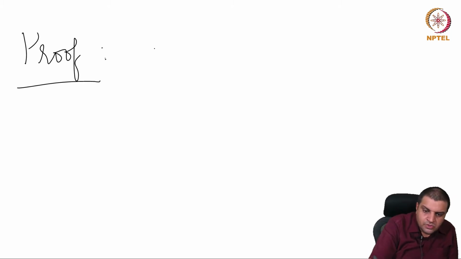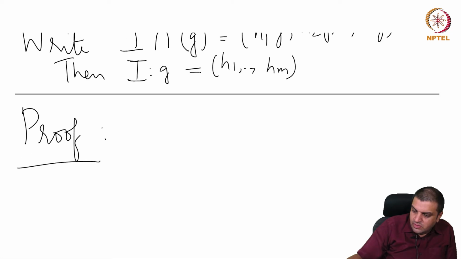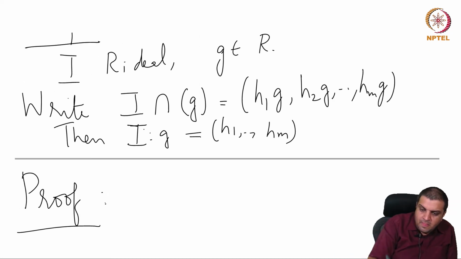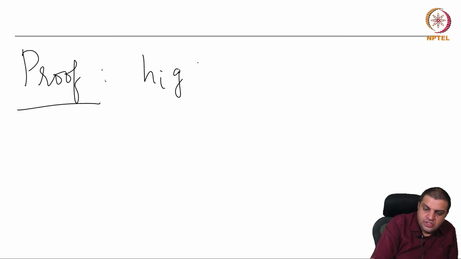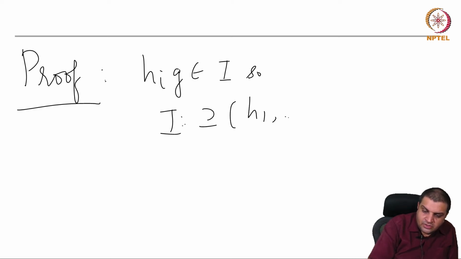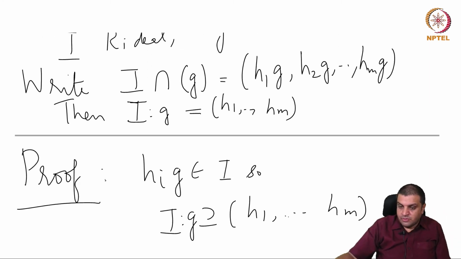Hi G multiplies into I. Therefore, Hi is in I colon G. So I colon G contains H1 through Hm. So this proves one inclusion.